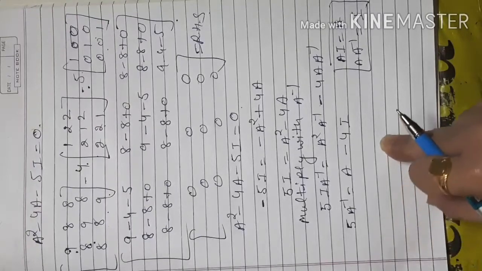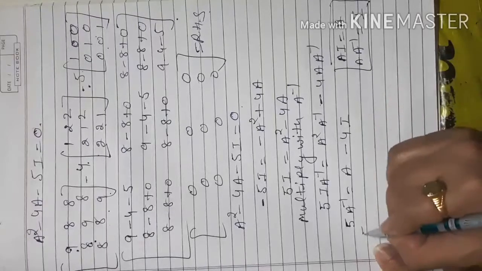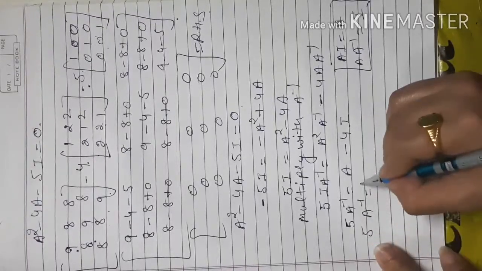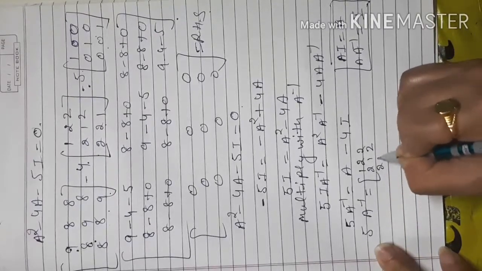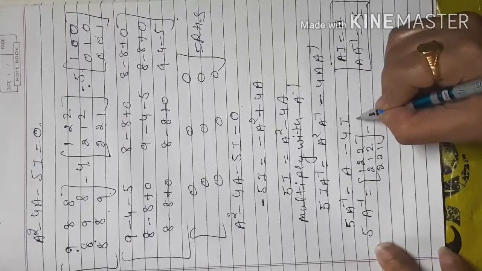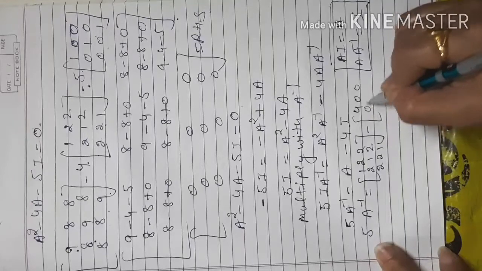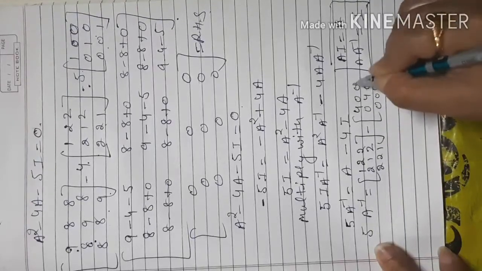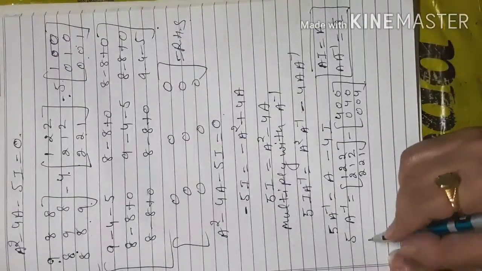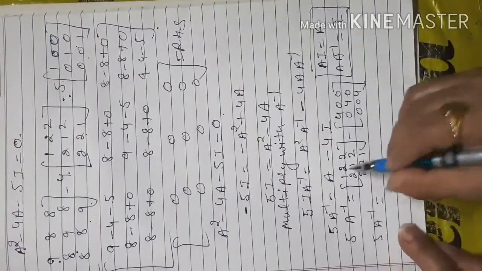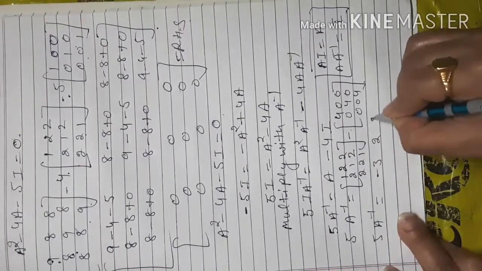So what I will do further is apply the A matrix here for 5A inverse. My A matrix was 1 2 2, 2 1 2, 2 2 1, and the identity matrix I directly multiply with 4, giving 4 on the diagonal and 0 elsewhere. Now if you subtract, you get the answer for 5A inverse: 1 minus 4 gives me minus 3, and 2 and 2.